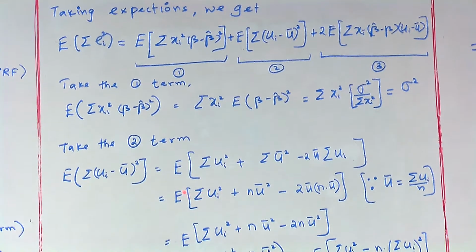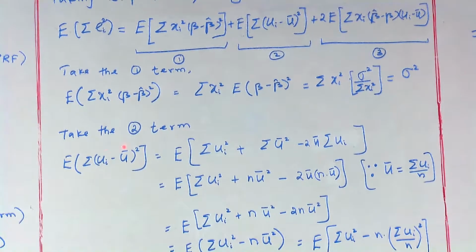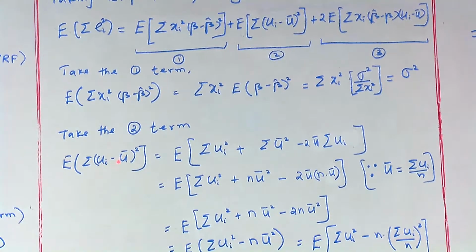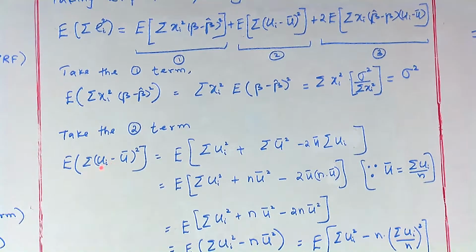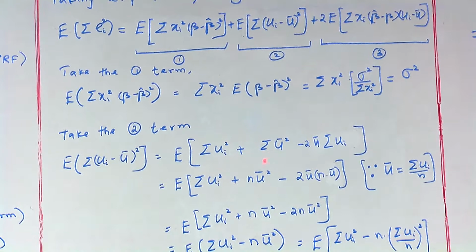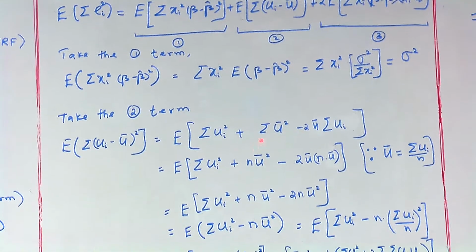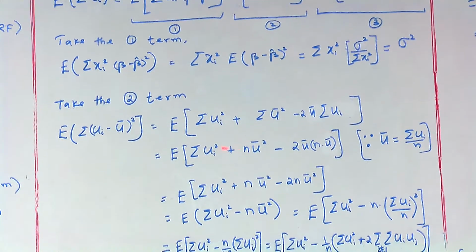Let us take the second term in the above equation, expectation of Σ(ui − ū) square. Let us consider this one. We are expanding this term again, (a − b) whole square, so a square plus b square minus 2ab. So Σui square plus Σū square minus 2ū Σui. After expanding, we take the sigma inside.